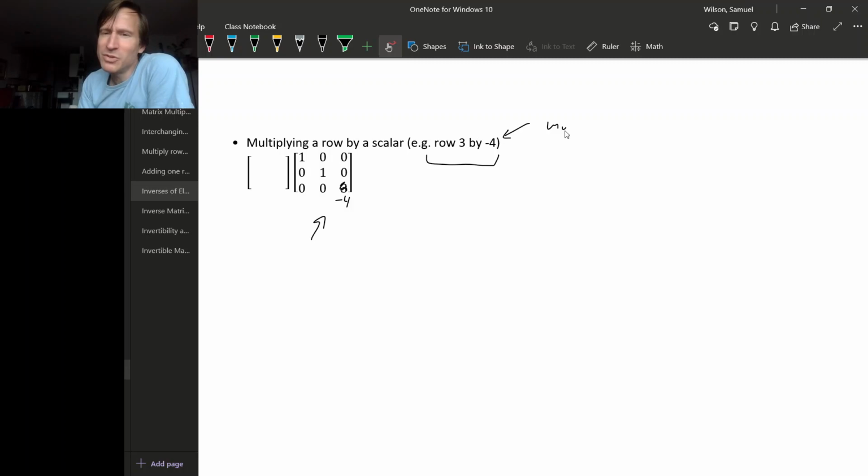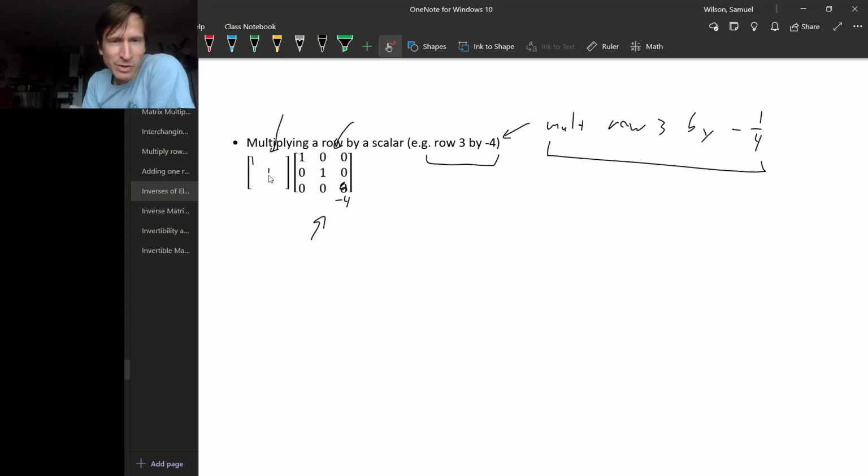Well, we need to undo multiplying by -4, and to undo multiplying by -4, you should multiply by -1/4. So the matrix for the inverse of our elementary matrix should just embody the row operation multiplying row 3 by -1/4. And that would be 1, 1, -1/4, like this.